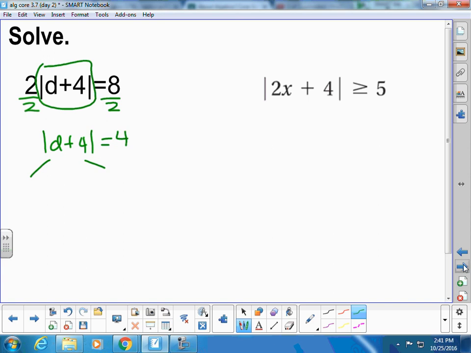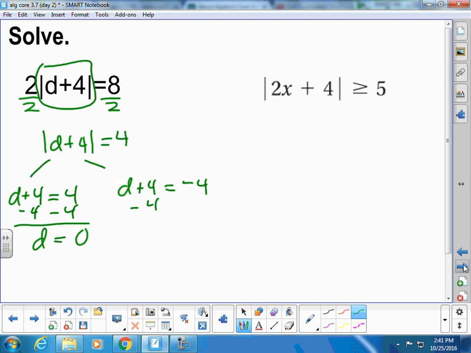Make my two cases, d plus 4 equals 4, d plus 4 equals -4. Subtract 4. D equals 0. Subtract 4. D equals -8. So those are my two answers.